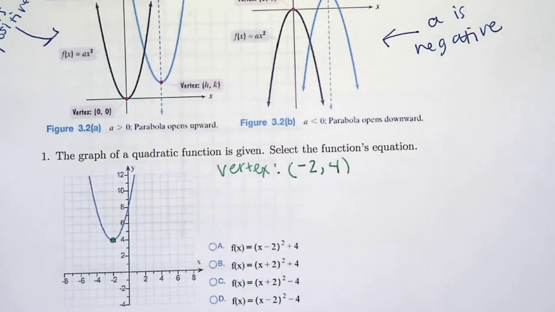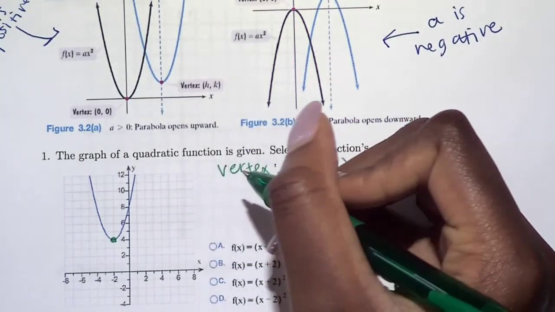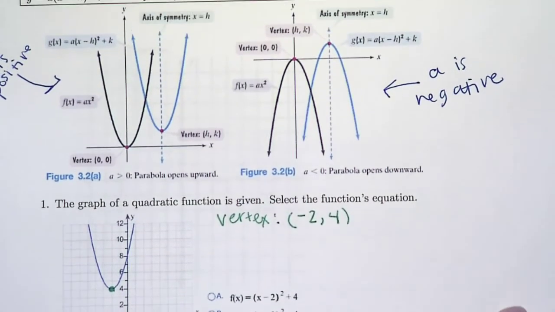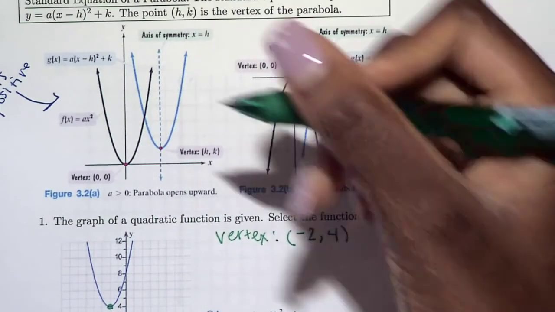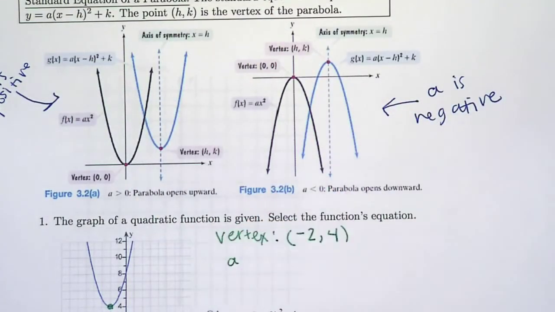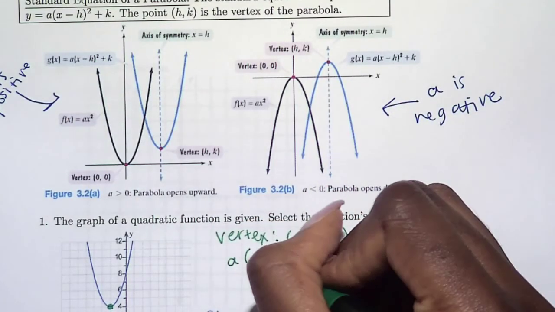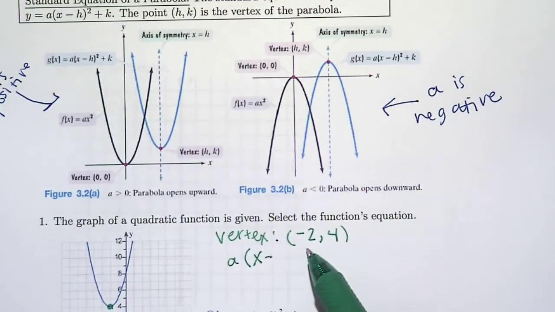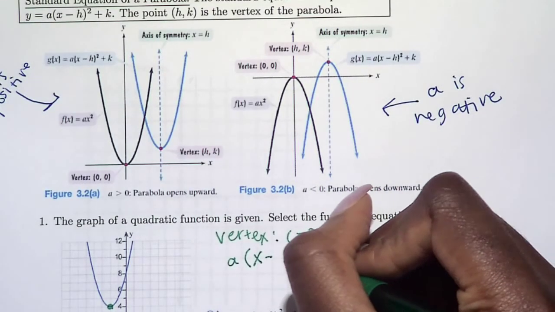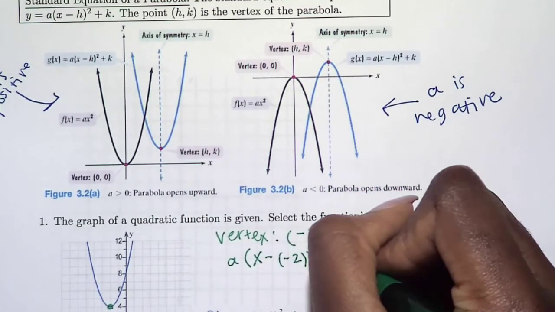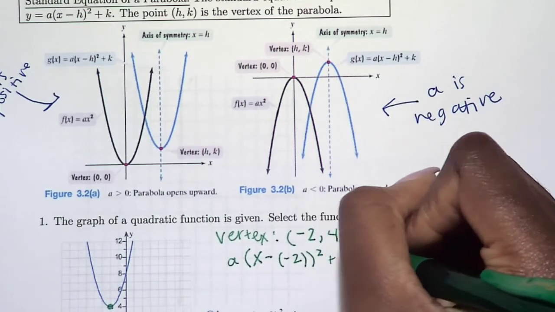Perfect. So we can use this to write out our equation, right? So from above, if you can see it, we don't know what a is, but that's okay. X minus h, we said our h was -2, plus k, which is 4.